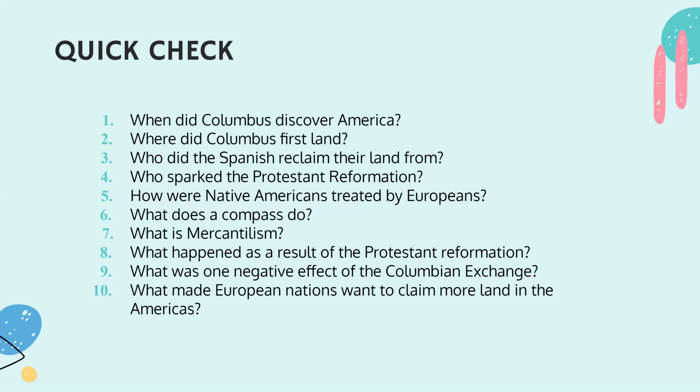Then we have 9. What was one negative effect of the Columbian Exchange? We see a lot of disease come from the Afro-Eurasian world into the Americas, which ends up killing a large amount of Native Americans. 10. What made European nations want to claim more land in America? Once again, European nations were huge rivals and they always wanted to be wealthier and wanted to beat out the other nations.